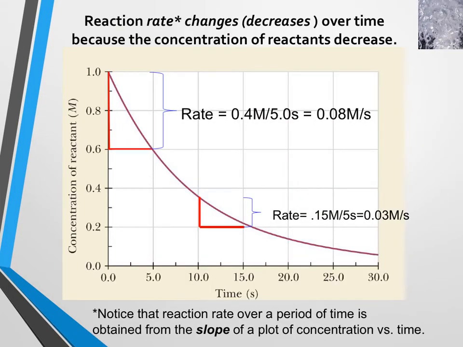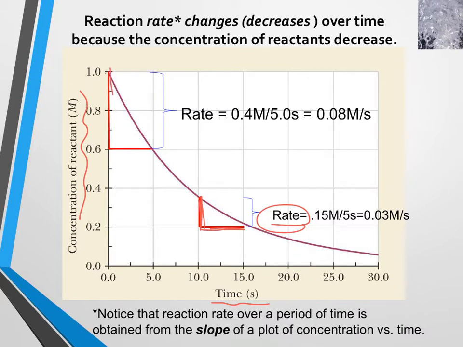So let's look at what I just said graphically. Let's look at another plot of concentration versus time. And remember, I said that it's actually the slope of this graph that will give you the rate. But the issue is the rate of reaction itself changes over time.